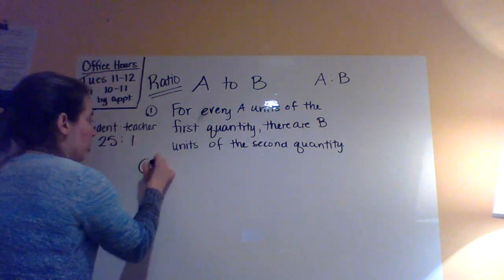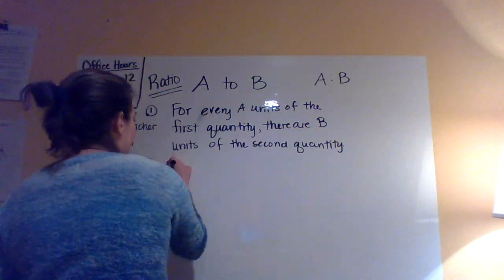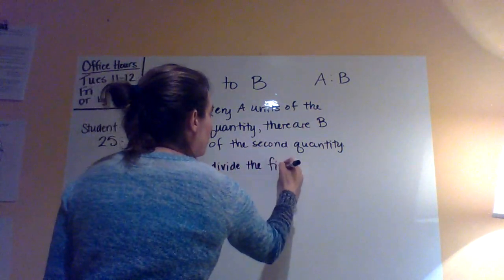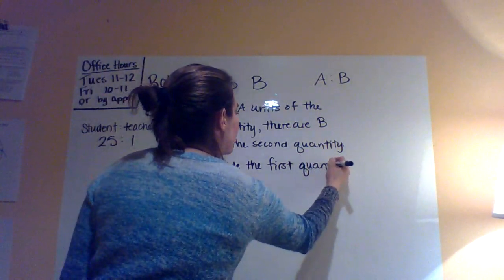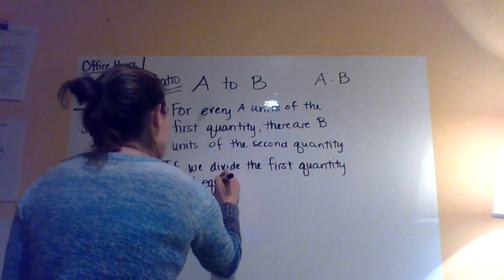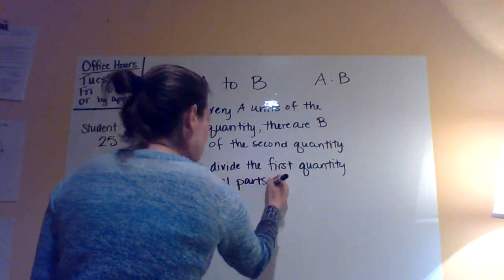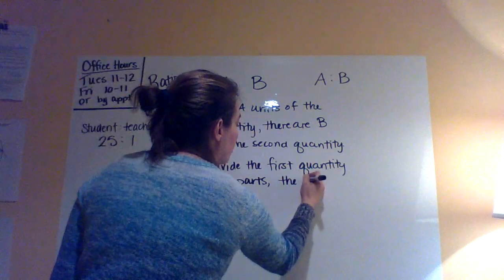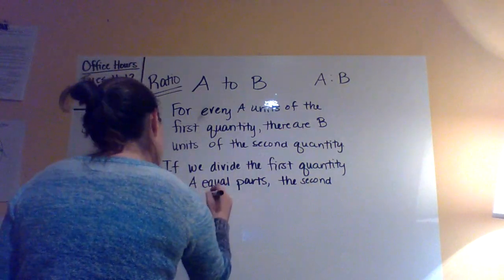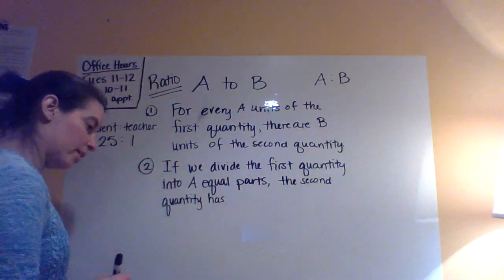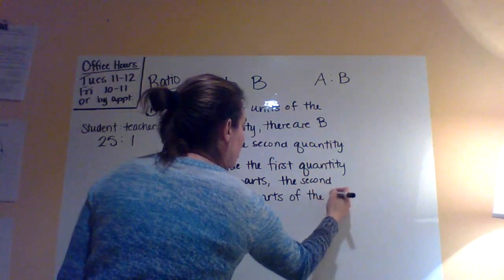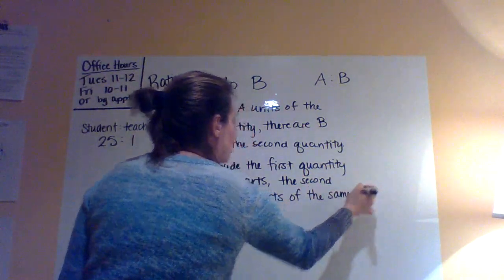The other way to think about ratios is saying if we divide the first quantity into A equal parts, the second quantity has B parts of the same size.